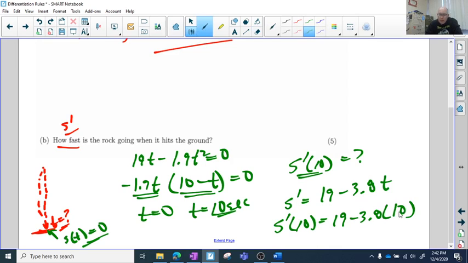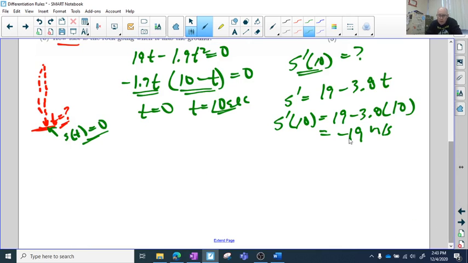That's going to give me negative 38.19, so negative 19 meters per second. Negative makes perfect sense because at the time it hits the ground, it should be traveling downward. That would be the answer.